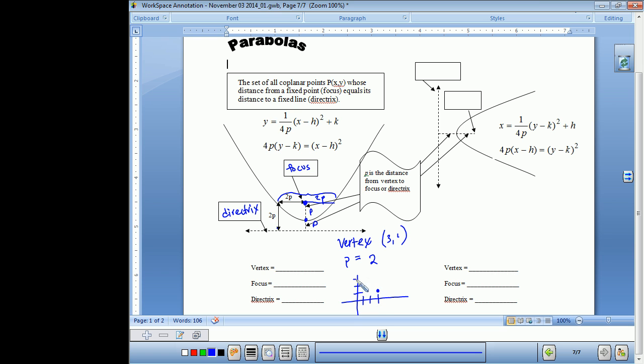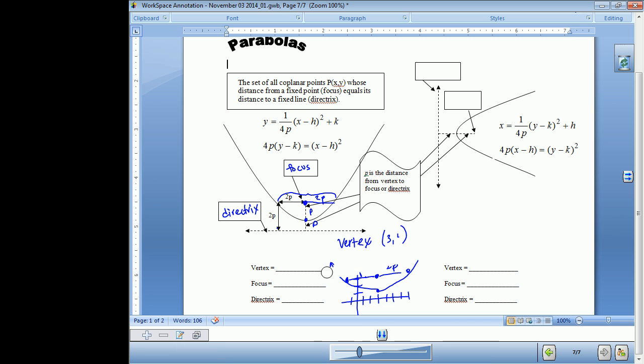If P is 2, then our focus is up 2, and then 2P, 4 to the left, 1, 2, 3, 4, and 4 to the right, 1, 2, 3, 4, would give us two more points, and wow, we graphed it nice and quickly. It's really easy to graph a parabola knowing P, because from the focus, if we go 2P in either direction, we find points that lie on the parabola.